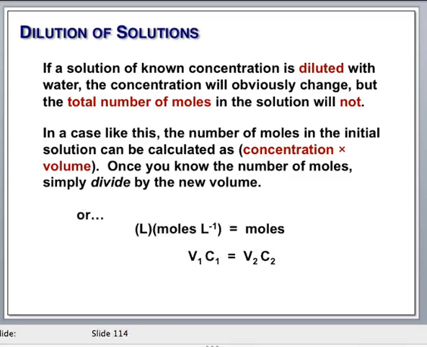We get a new volume, we'll call that V2, and a new concentration. But the number of moles is the same. So we can equate these two: V1 C1 equals V2 C2. Concentration times volume is moles. So they're really very simple problems.